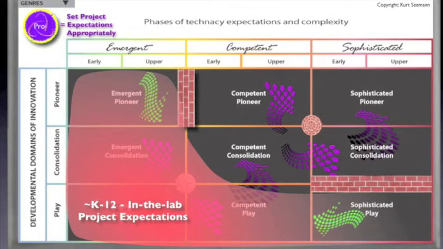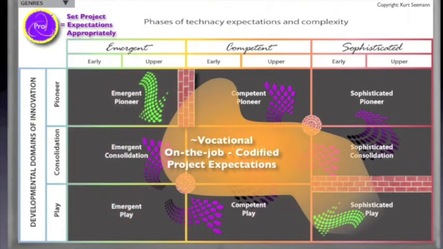This is because many school systems from K to 12, particularly from about year 10 of schooling through to year 12 of schooling, start to engage in on-the-job training in a commercial sense, but not too much. This is the domain of vocational on-the-job codified expectations.